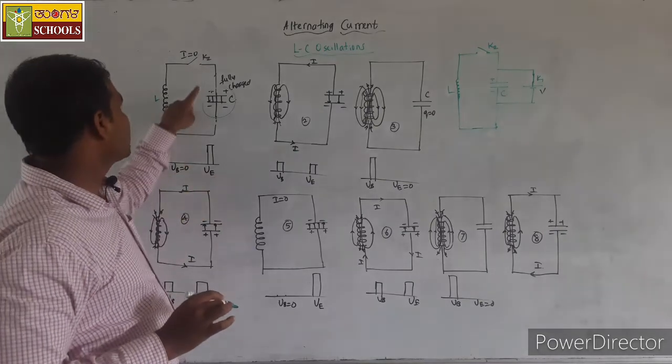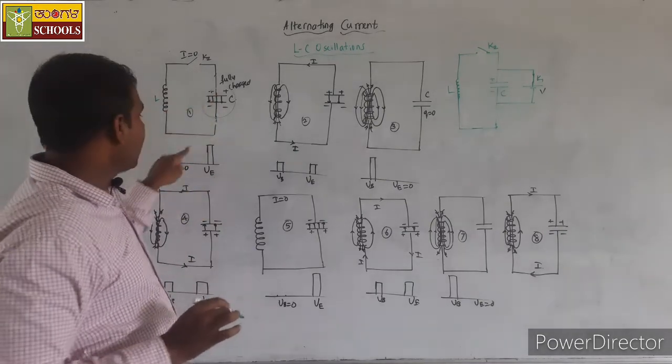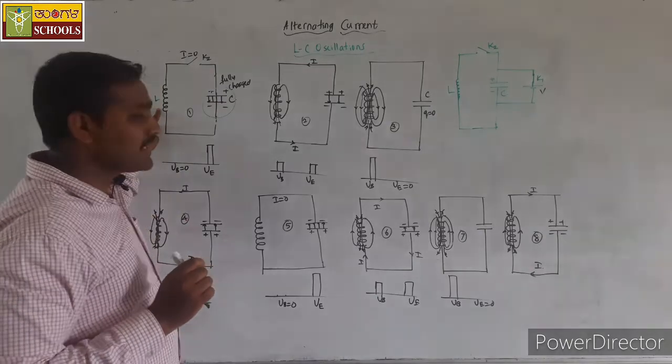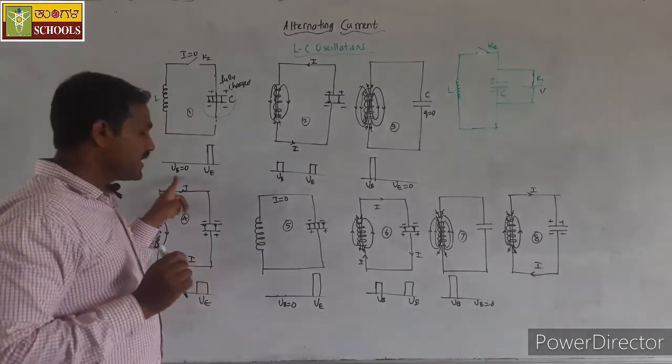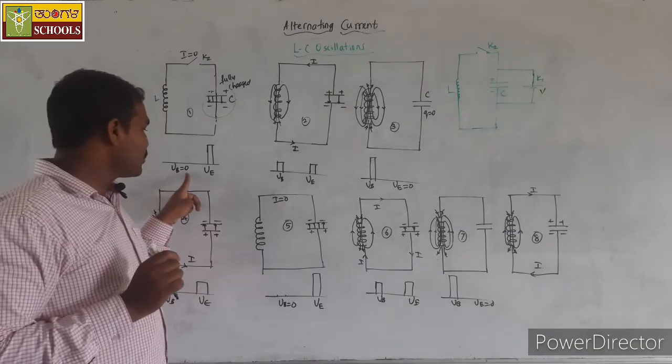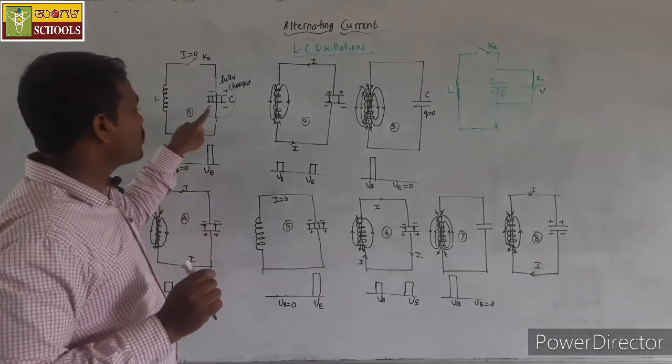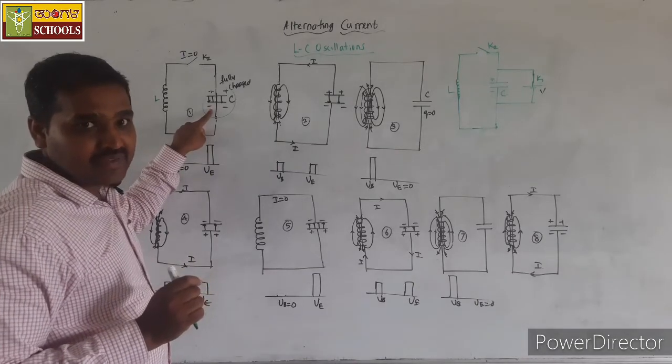There is no flow of current through the circuit, hence there is no energy stored in the inductor. The energy stored in the inductor is equal to 0. All the energy is stored in the capacitor.